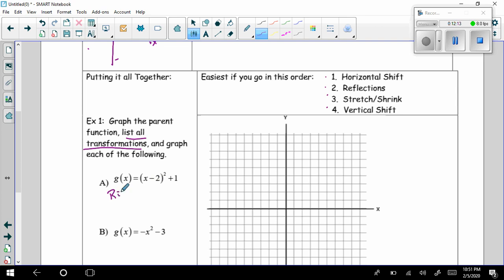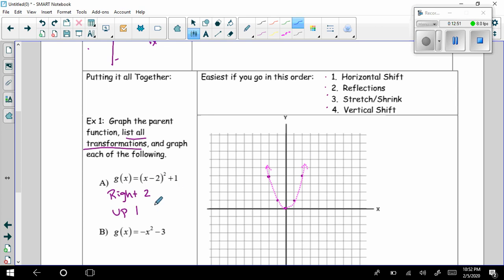So for example, this one goes right 2 and up 1. And so my parent function, I'm going to draw that here first, looks like this. Sorry, that's not the line we're graphing.